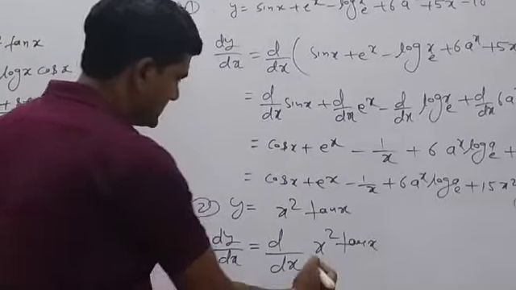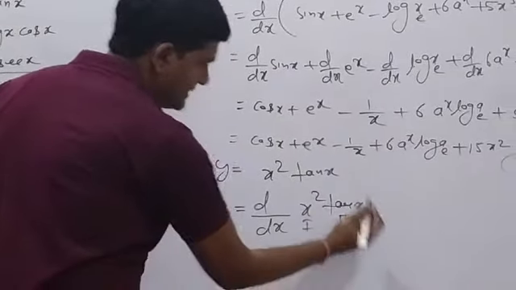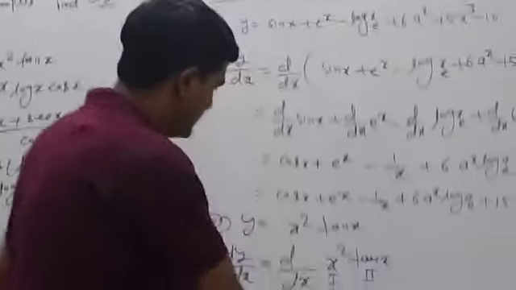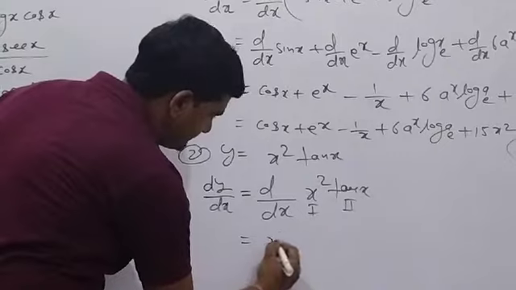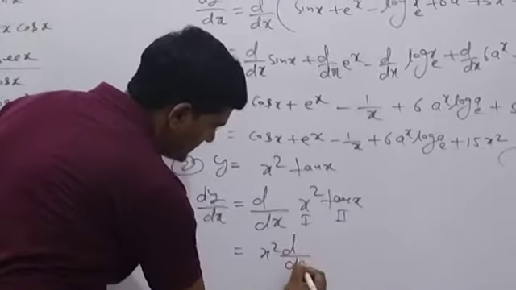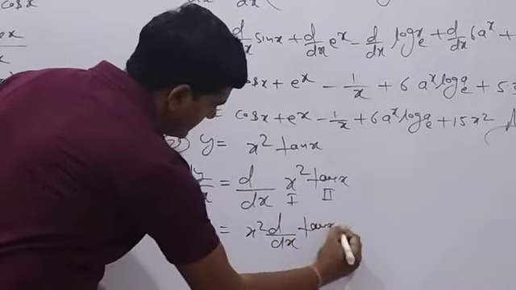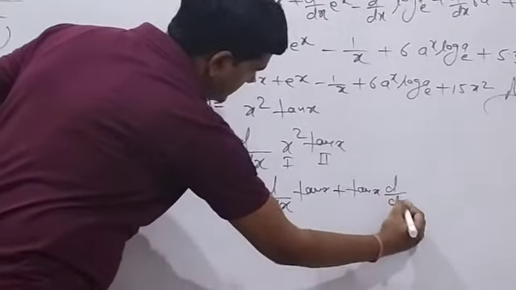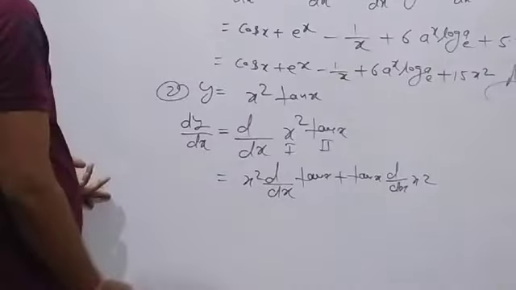Suppose x square is the first function and tan x is the second function. Now we can use the formula. The formula is: leaving the first function, differentiation of the second function, plus leaving the second function, d by dx of the first function, that is x square.